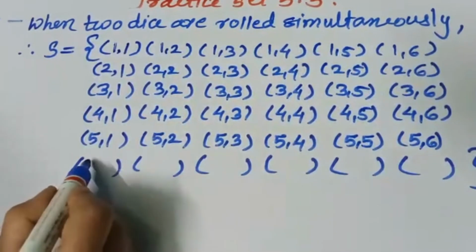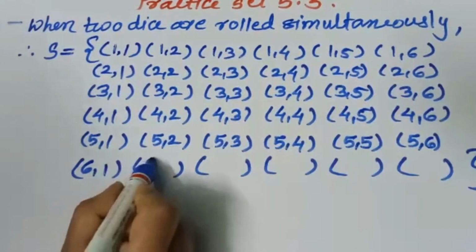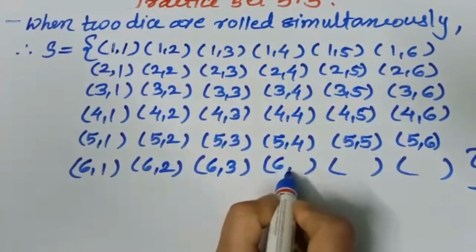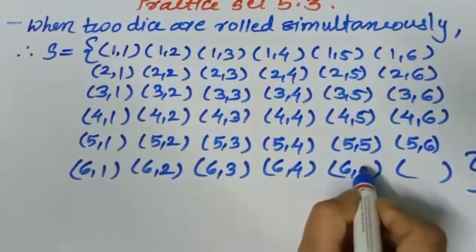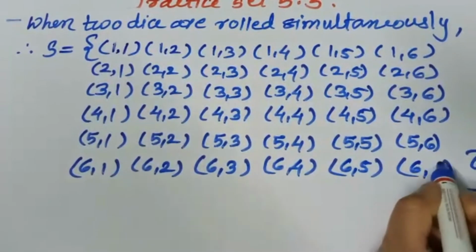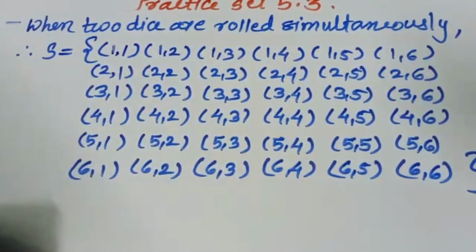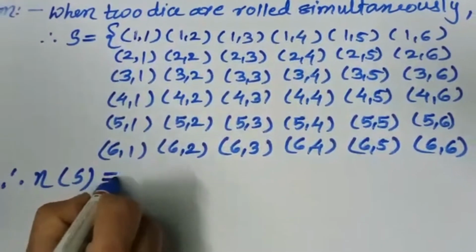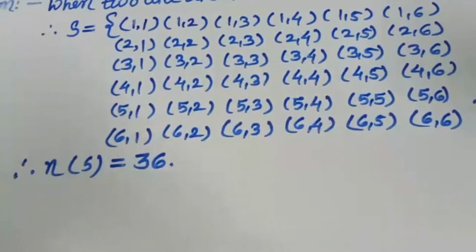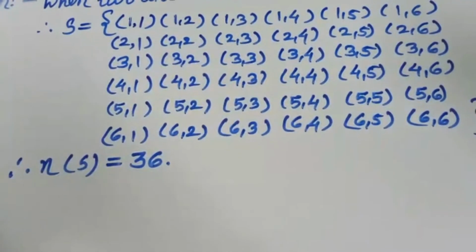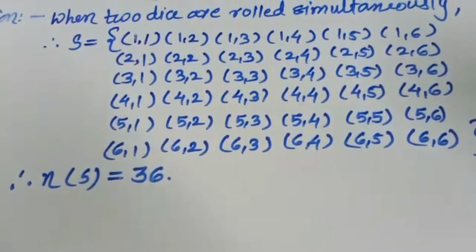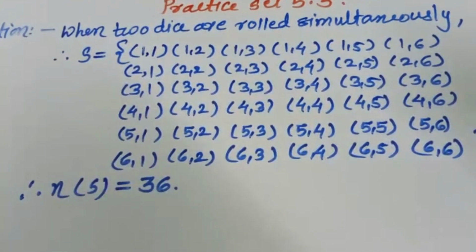Now 6: 6 1, 6 2, 6 3, 6 4, 6 5 and 6 6. So total how many sample points are there? Say therefore n(S) is equal to 36. Total 36 possibilities are there. Means possible outcomes are 36 in this random experiment when two dice are rolled simultaneously.